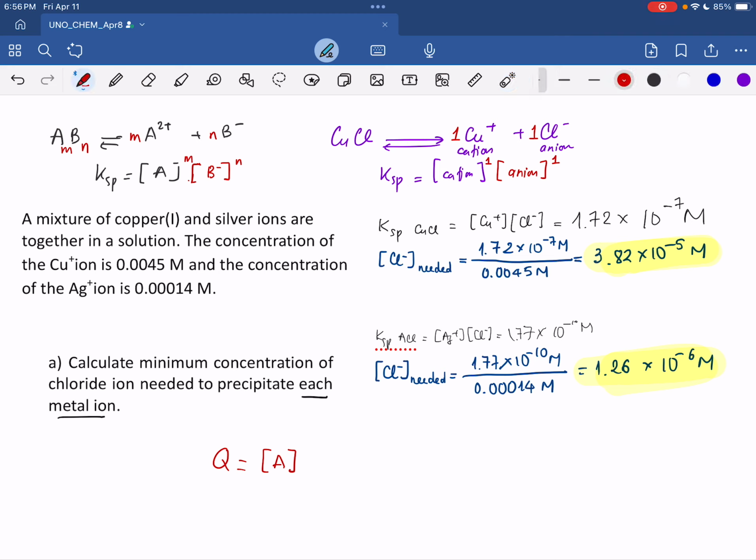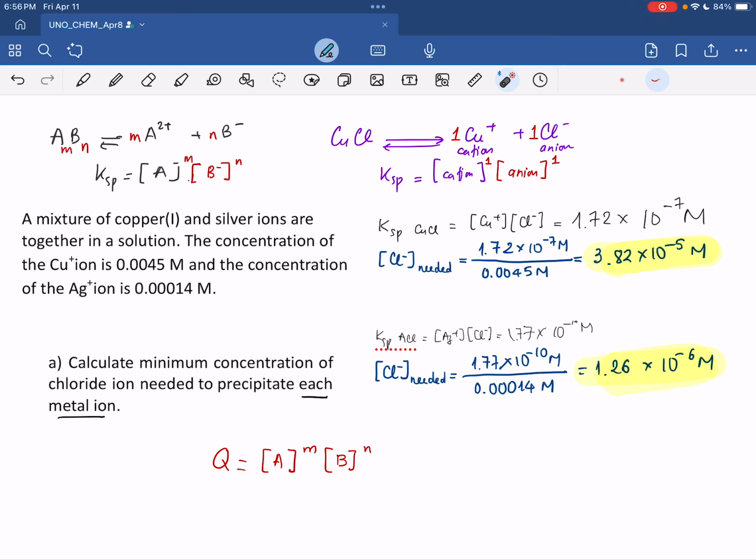Then you get the product Q equals the concentration of A to the m, where A is the cation, times the concentration of the anion B to the n. And A and B should have some charge as well, right?